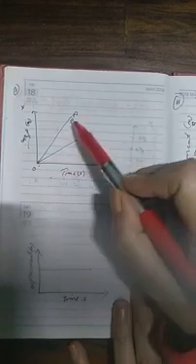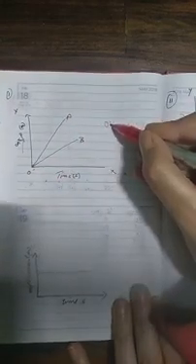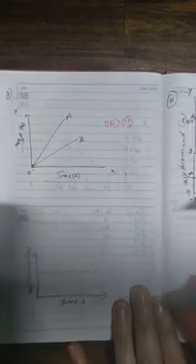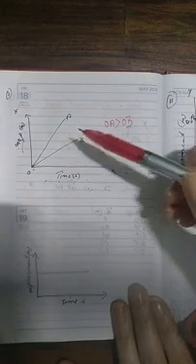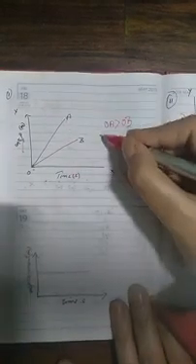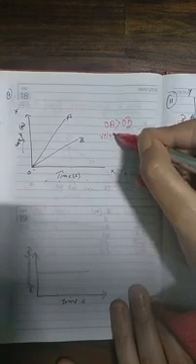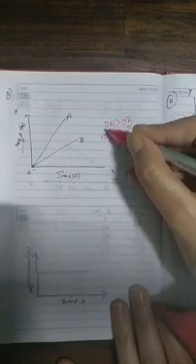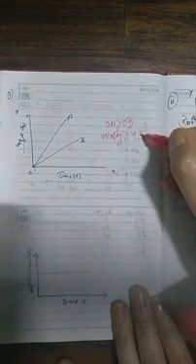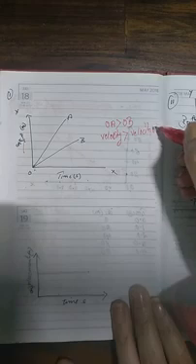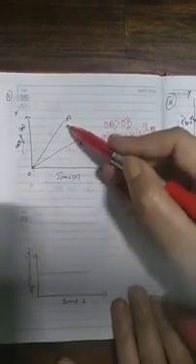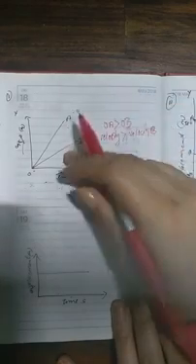So clearly from this graph, the slope of OA is greater than the slope of OB. Then when the slope is greater, the velocity of an object traveling through the path OA is greater than the velocity of the object traveling through the path OB. It means the greater the slope, the greater will be the velocity.